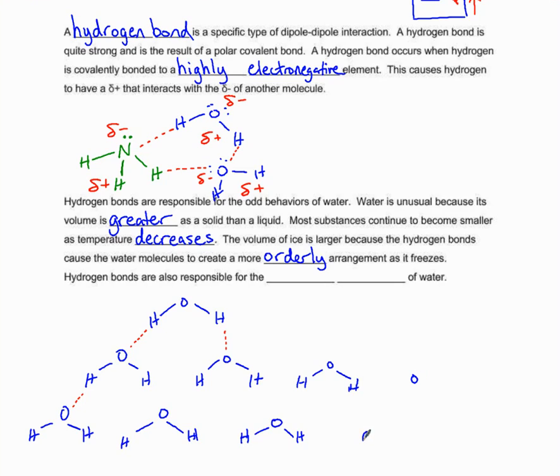As a liquid, it was more like this. But it doesn't really want to freeze like that because these positives are kind of close together. And so they start pushing and these start pulling, and it ends up turning this molecule so that they're nice and lined up. And it's all of this rearranging that causes the water to expand.